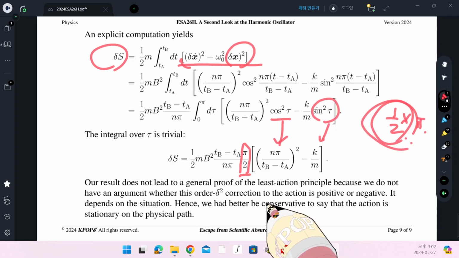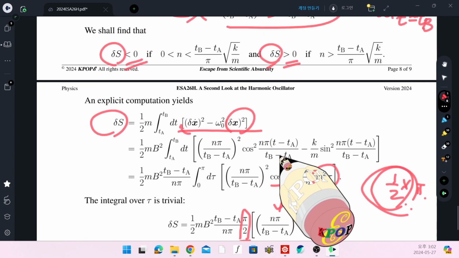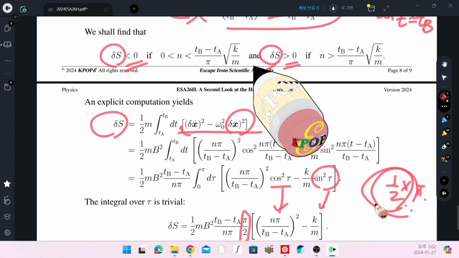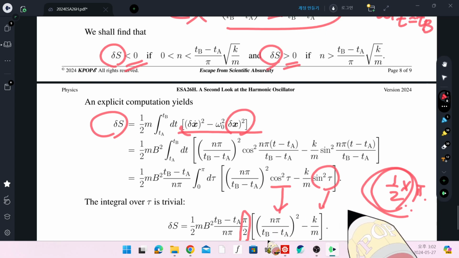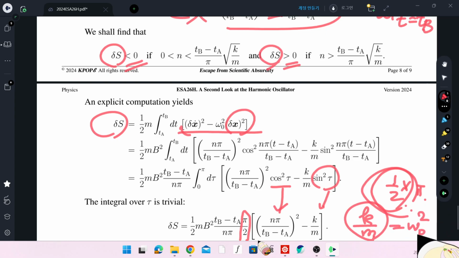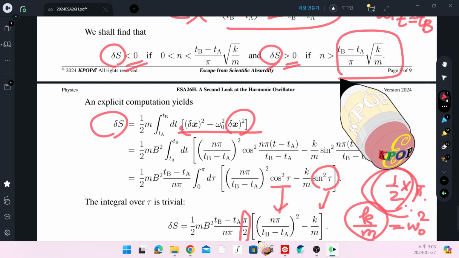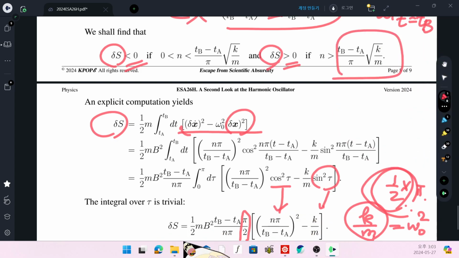Finally, we find these conditions are satisfied. If n is smaller than this amount, k over m, this is negative. And if n is large enough, because k over m is fixed, that is omega 0 squared is fixed, if n is greater than a certain value, it becomes positive.